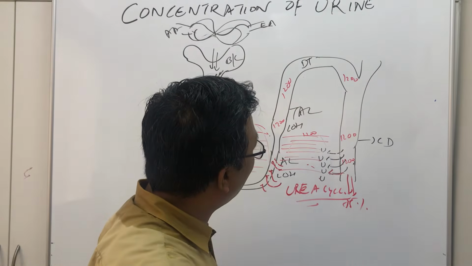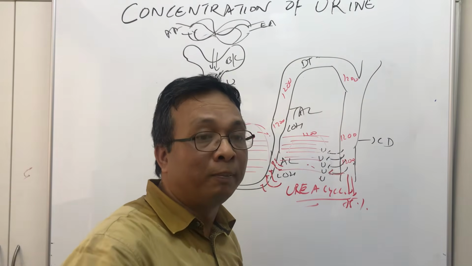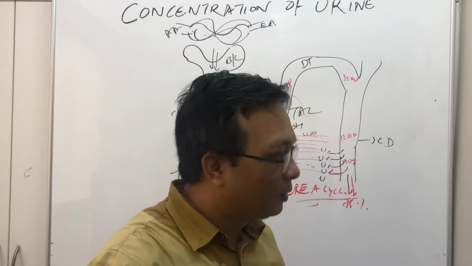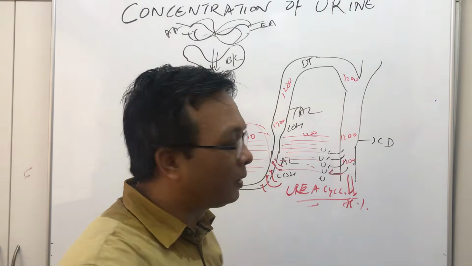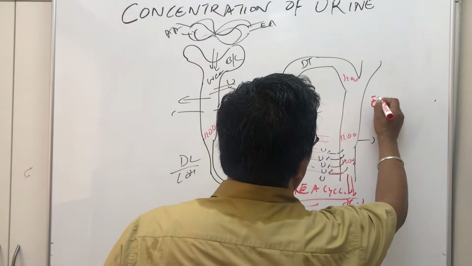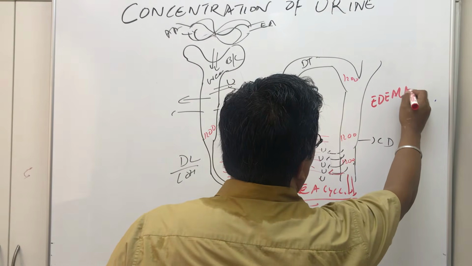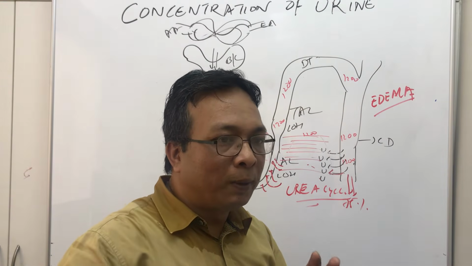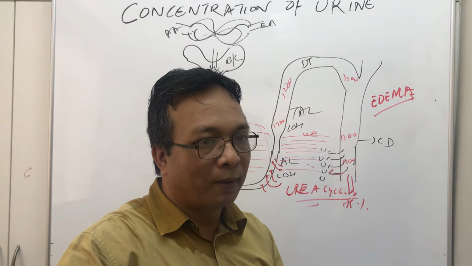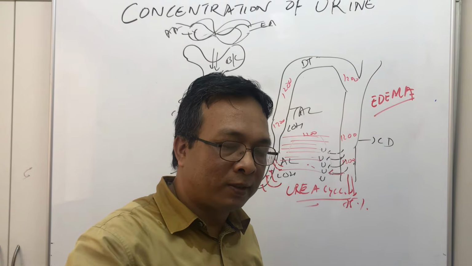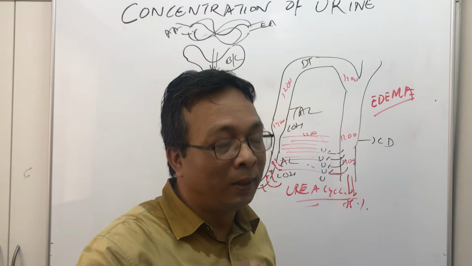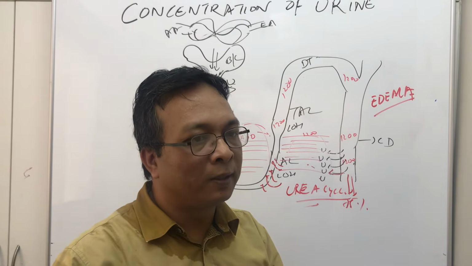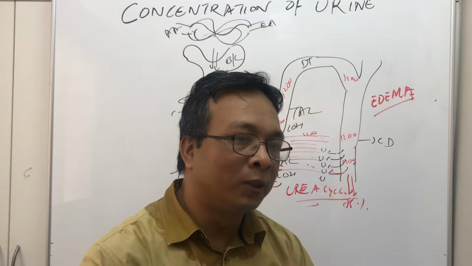Okay. So this urea also contributes, it maintains the osmotic gradient. So why am I telling you this? Now let's say a person has an edema. Edema means collection of water. So if a person has edema, let's say that edema patient has consumed a lot of protein meal.